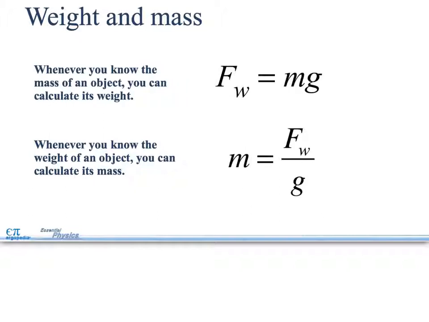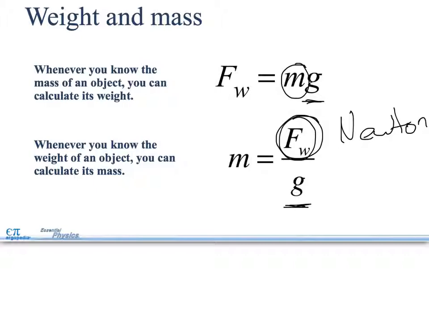When you know the mass of an object, you can calculate its weight. All you need to know is the mass, because as long as we're here on Earth, gravity is going to be 9.8. Whenever you know the weight of an object, you can calculate its mass. So if you know how much it weighs in newtons, you know what gravity is here on Earth, so you could go backwards to mass.